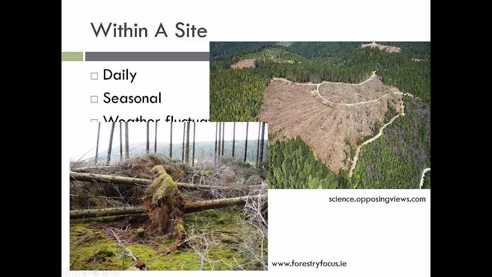So we can think of disturbance as something that can allow growing space to be opened up, but it also can really change the amount of growing space if we lose some of those nutrients, if we change the site, if we change what's available for an individual tree.